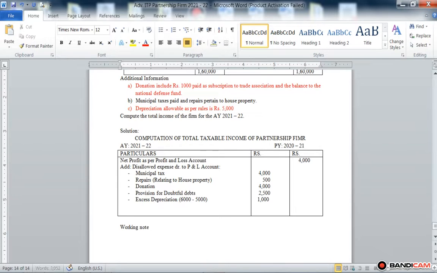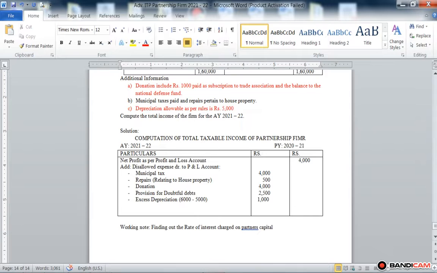for finding out the rate of interest charged on partners' capital.